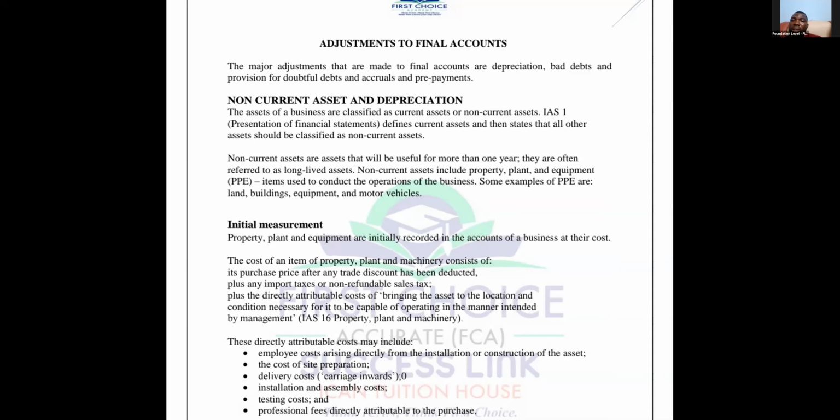After that being said, let's move into what we understand by non-current asset, what we call depreciation. Depreciation is a reflection of non-current asset, and that will take us to a particular standard that we call IAS 16, property, plant, and equipment. IAS 16 is the standard that addresses anything that has to do with tangible assets.